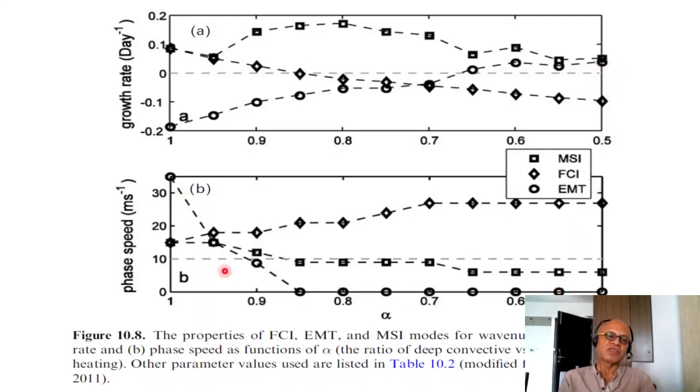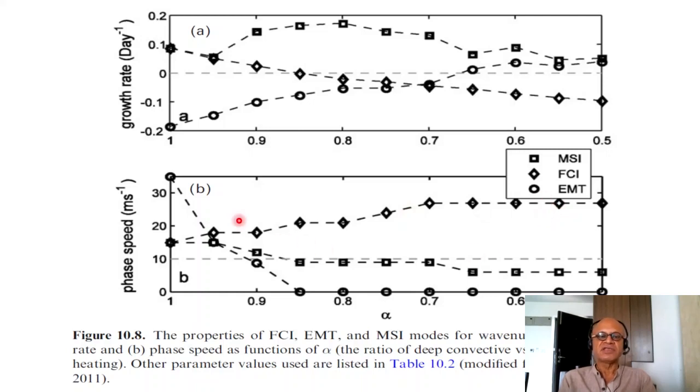So that's why you look at the phase speed here, for example. For the MSI, the phase speed drops below 10 meters per second once you cross alpha of 0.7, whereas FCI by itself is not able to explain the slower phase speeds of the MJO, so it's too high here at close to 30 meters per second.